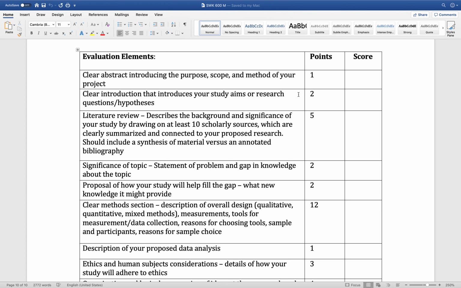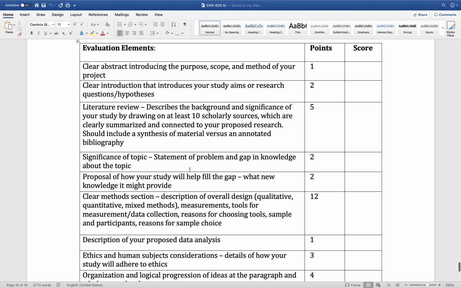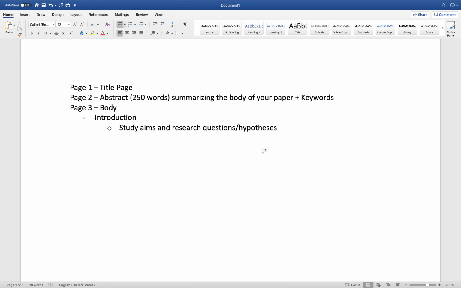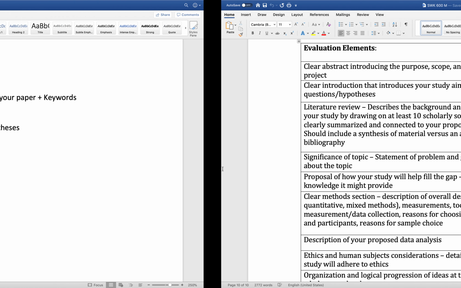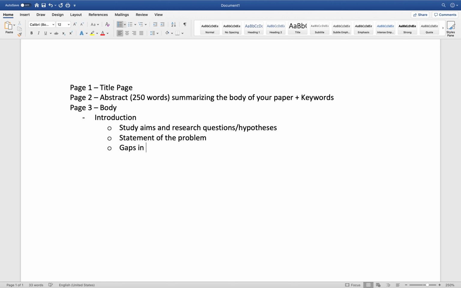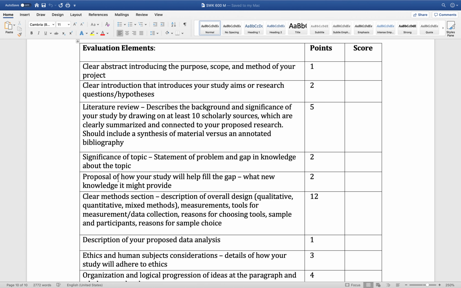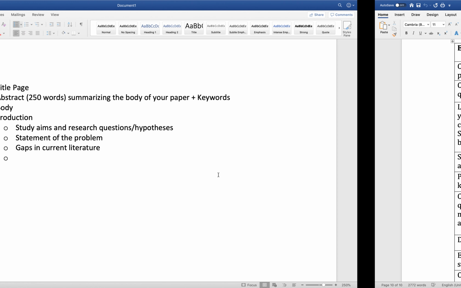But within the introduction section, you'll also include the significance of the topic, as in the statement of the problem and gaps in knowledge about the topic. So here within the introduction, you'll have a statement of the problem that you're studying, as well as the gaps in current literature on that particular problem that you're studying, and you'll also talk about how your study aims to fill those gaps.